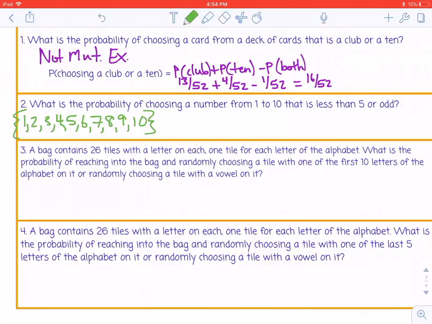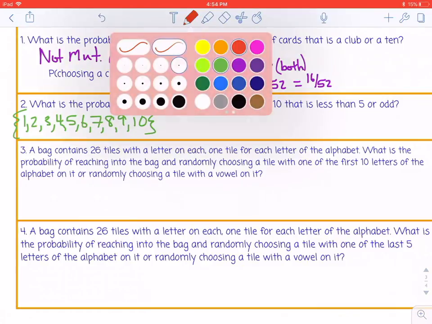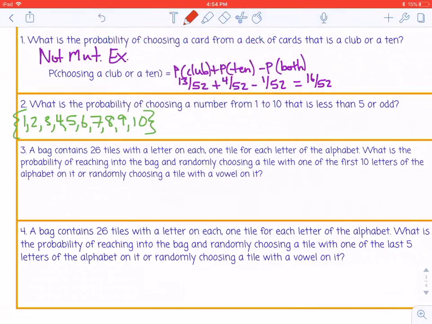All right. And are there numbers that are less than 5 and odd at the same time? So the numbers less than 5 would be these 4 numbers. And then we have the 1 and the 3 that are also odd and less than 5. So these are not mutually exclusive. They can occur at the same time.